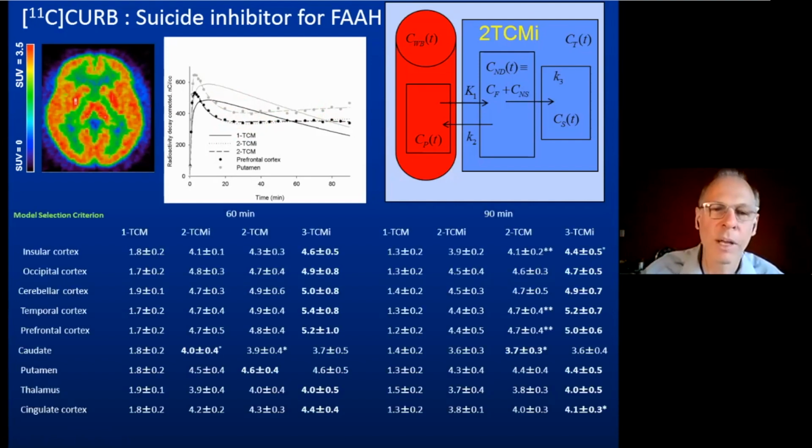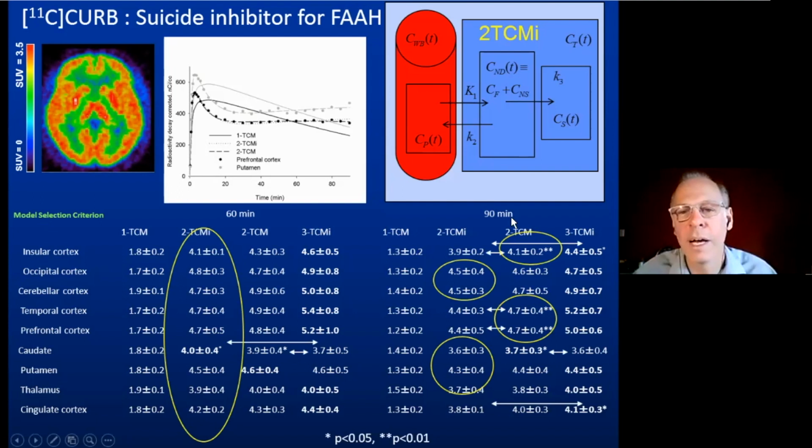This time activity curve is for a single subject. This result can be generalized using some goodness of fit criterion. And for 90 minutes of data, the same problem happens for other regions of interest, like the temporal cortex and the insular cortex, when many subjects are taken into account. So what is going on here?